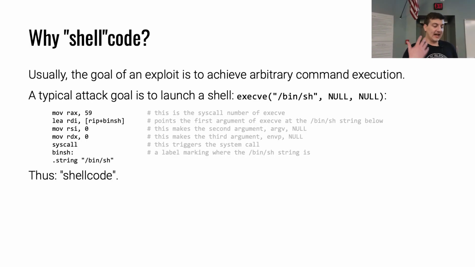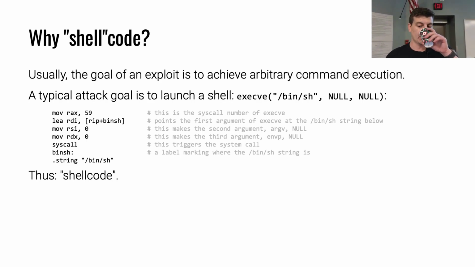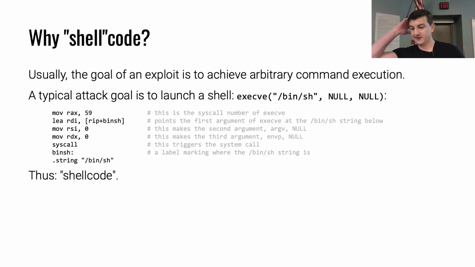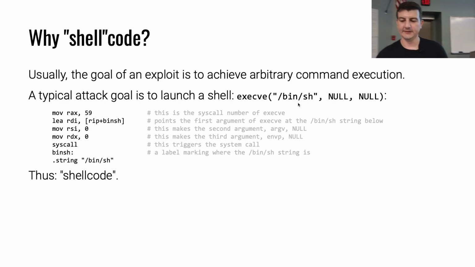And so what we actually want to do, if we get to where we're trying to go, is a shell. Shell here has a very specific meaning. In hacker terminology, trying to pop a shell means that you are trying to call execve /bin/sh, so that a shell is now running with the permissions of the target program.